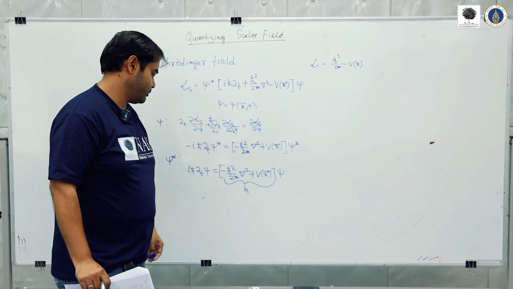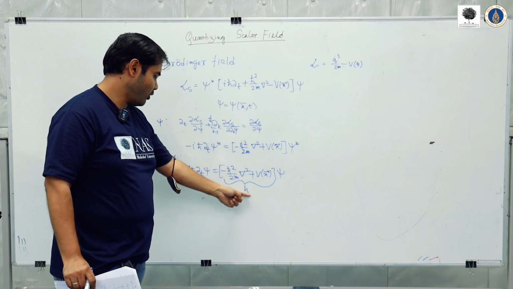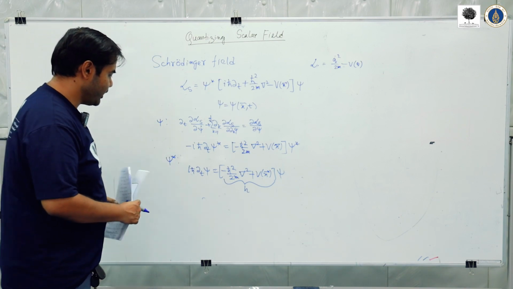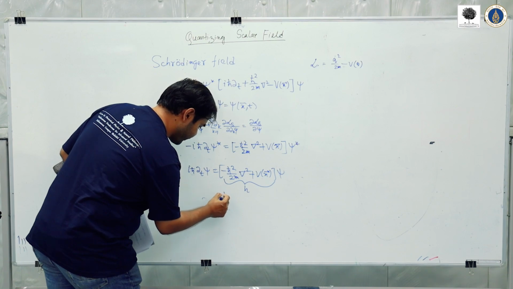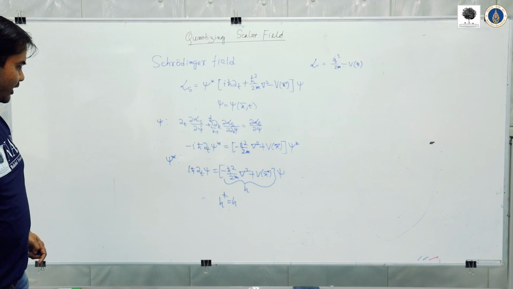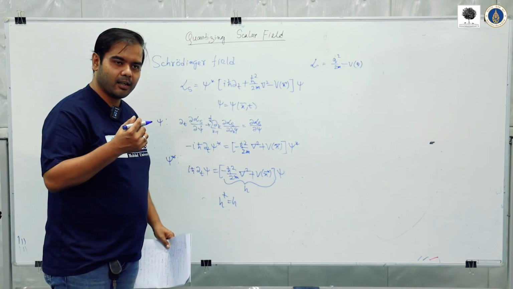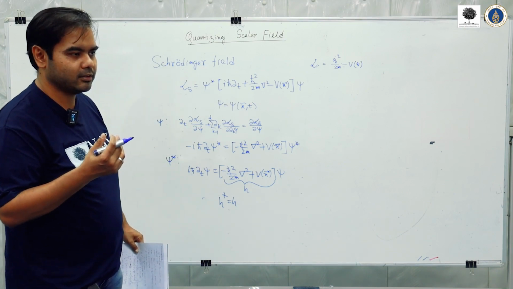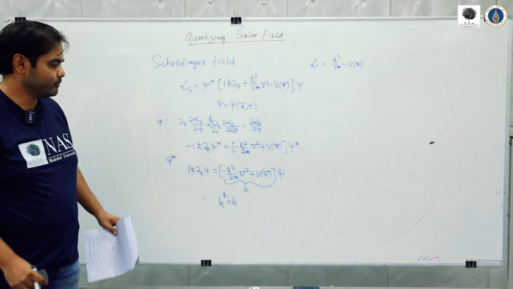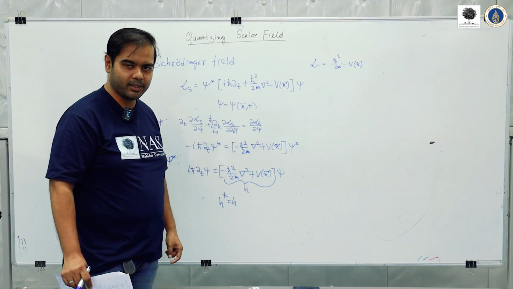From your knowledge of the Schrodinger equation, we call this operator the single particle Hamiltonian, and this operator is Hermitian, that is, it is its own Hermitian conjugate. Because of this property, if you have a basis for this operator, the eigenfunctions of this Hamiltonian, they will form a complete set.